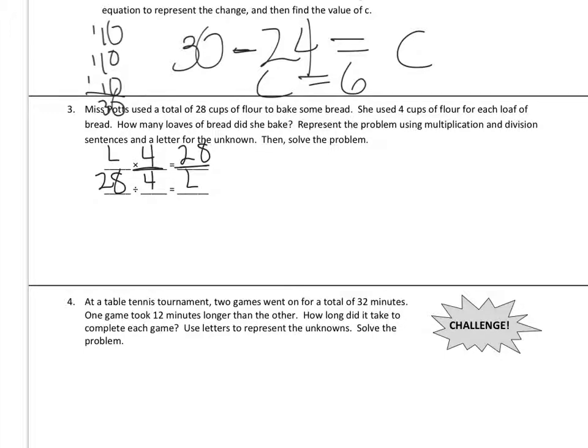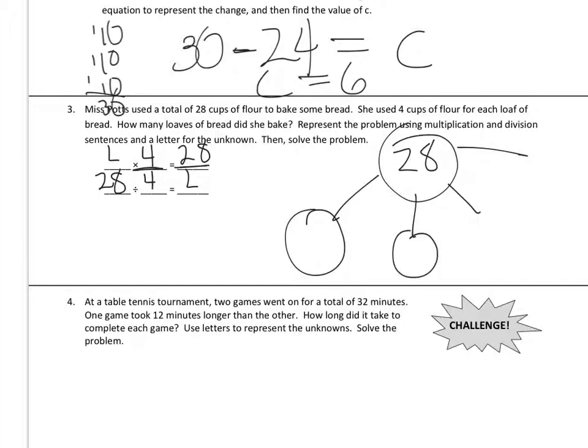One way that works well for me on this one is a number bond. 28 total. I'm going to divide that 28 into 4 groups because the commutative property says I can. And then I'm going to count to 28, putting 1 in each group at a time.